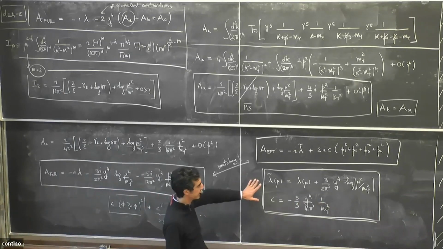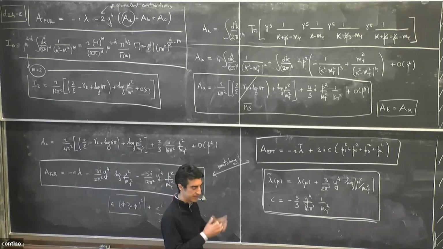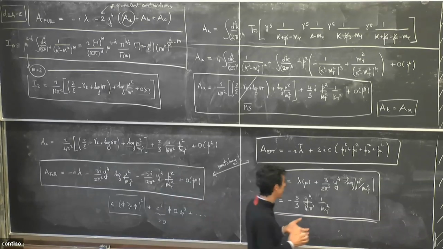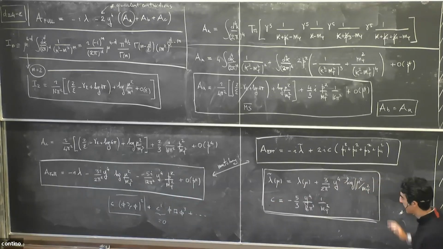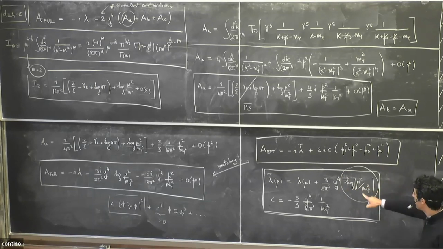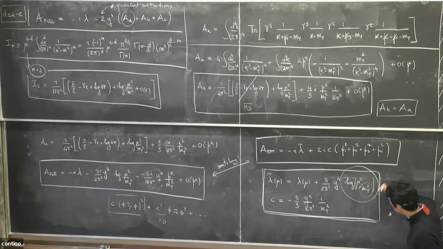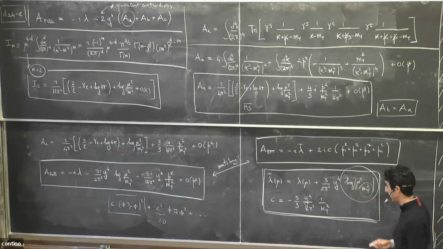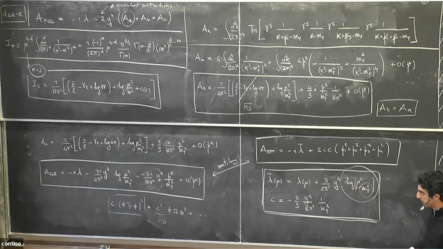Before doing that, let me put it in a broader discussion. The broader discussion is about the structure of these matching expressions. The first observation is that there is a log here of mu squared divided by m psi squared. So there is a dependence in the matching expressions on the heavy mass, which is non-analytic, because it's a logarithmic dependence.